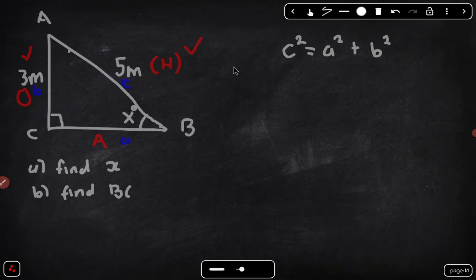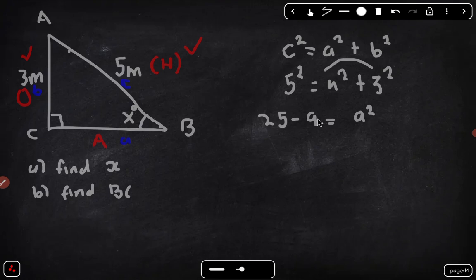You're finding BC, which is A. So 5 squared is equal to A squared plus 3 squared. 5 squared is 25, minus 3 squared, which is 9, is equal to A squared.